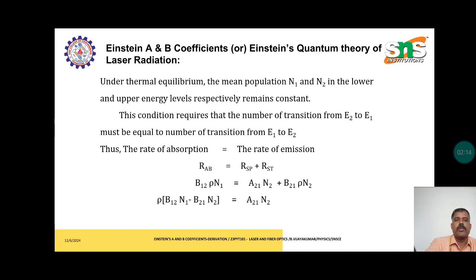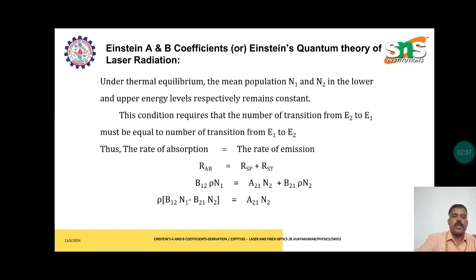The rate of absorption is equal to the rate of emission. So R_AB is equal to R_SP plus R_ST.